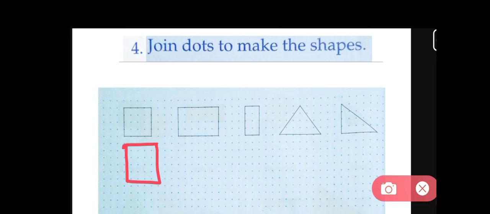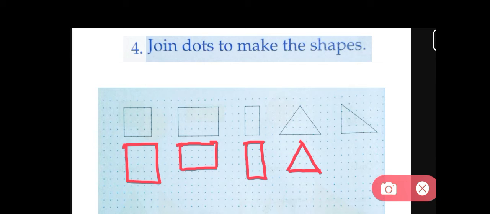Yes, this is square. Next is rectangle. Now we will draw one rectangle. You know very well students, in rectangle opposite sides are equal. Now next is once again rectangle. Next is triangle. Students, in front of us we have two kinds of triangles with different shapes.